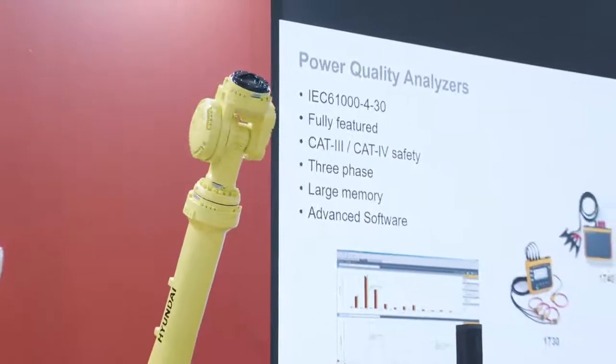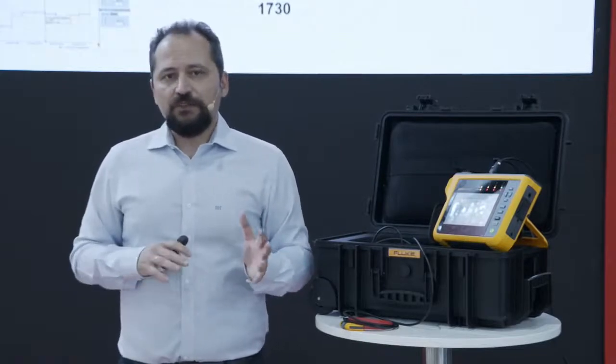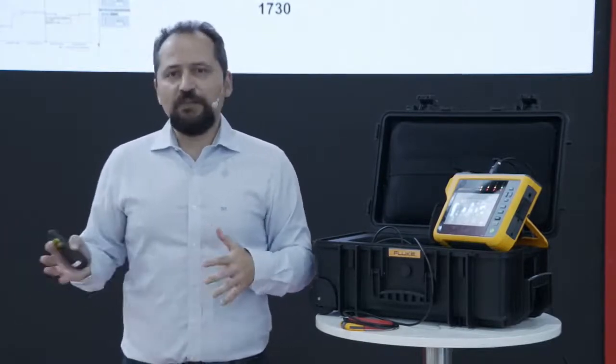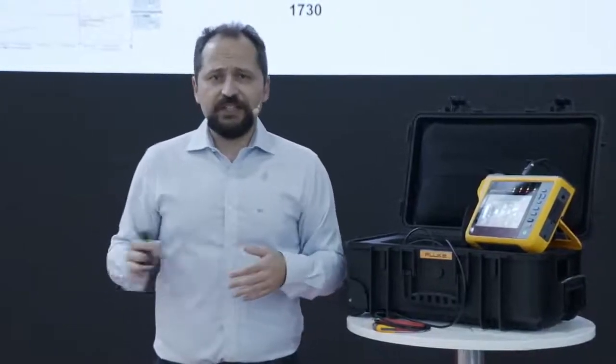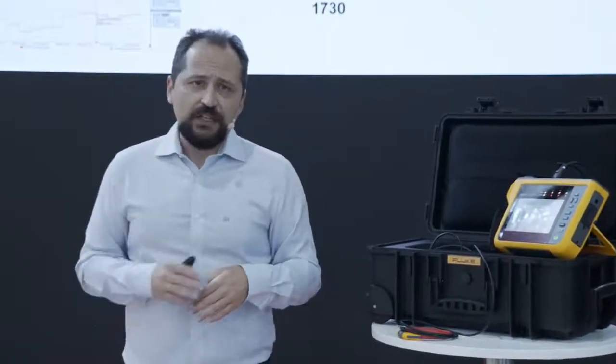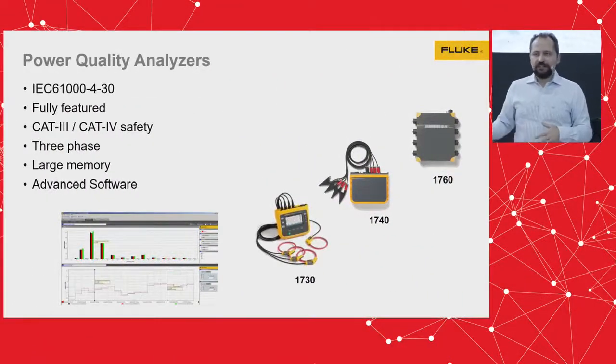We are just coming to the end of the presentation, to introduce you to Fluke's complete portfolio of power analyzers, power quality analyzers. It's the 1700 series. We have different families in those series, and all of them are three-phase systems, Cat 3, Cat 4, up to 1000 volts.